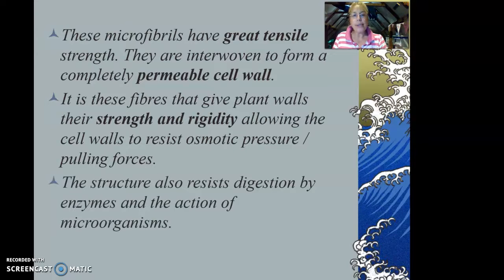And the structure also resists digestion by enzymes and the action of microorganisms. So animals have had to really adapt if they want to rely on a diet of cellulose. We are absolutely rubbish at digesting cellulose. In fact, it just gets used as fiber. So we get no nutritional value from eating things like lettuce. And of course, they are insoluble, which is good because you don't want your cell wall dissolving away.